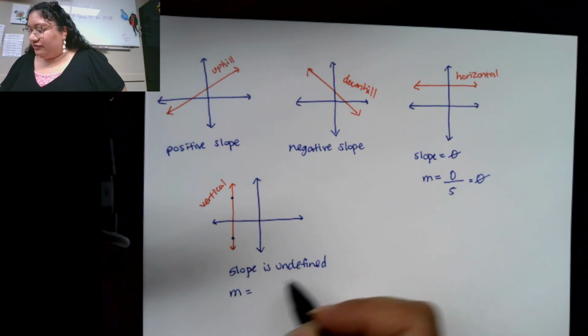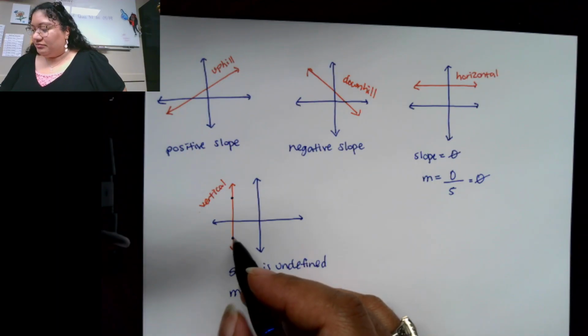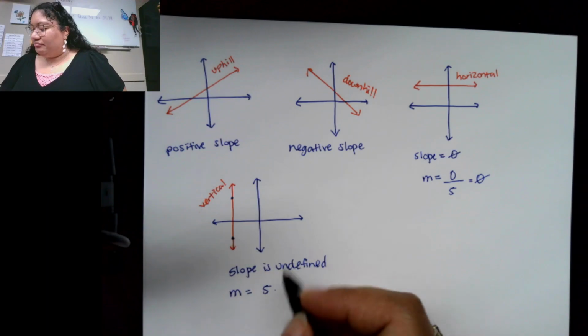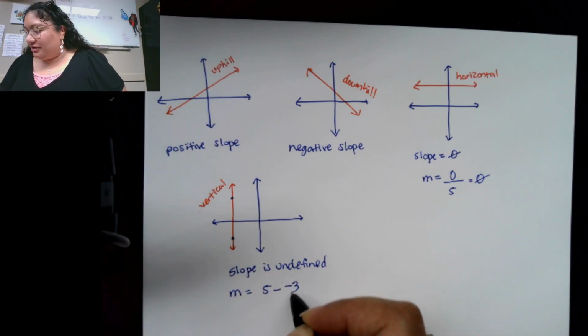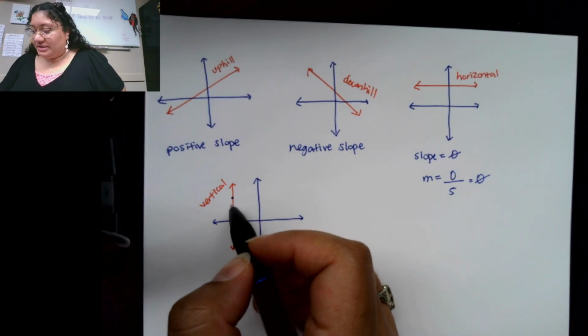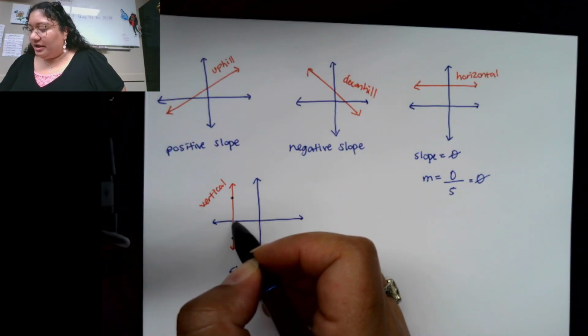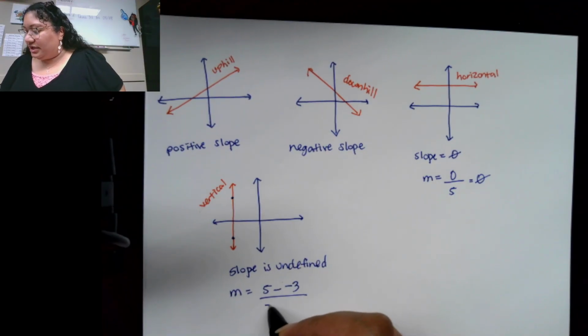So I could be going from 5 or we'll do 5 minus negative 3. But my x stays the same, I mean, this entire time I am stuck on negative 4. So negative 4 minus negative 4.